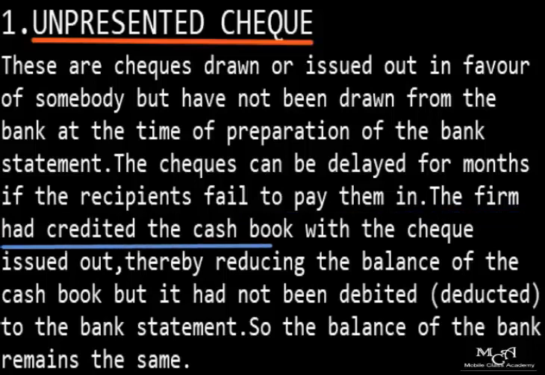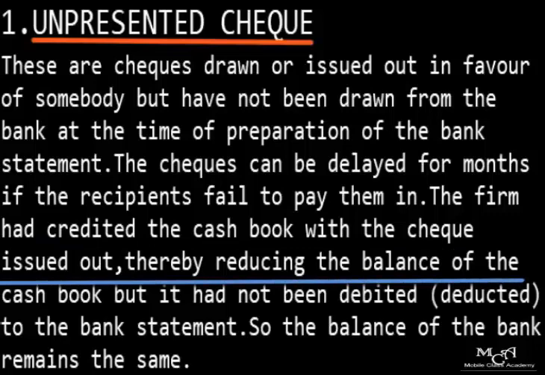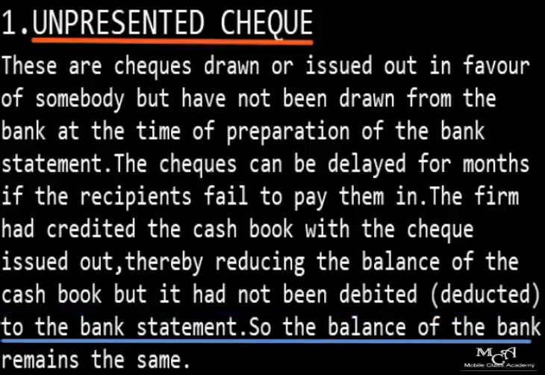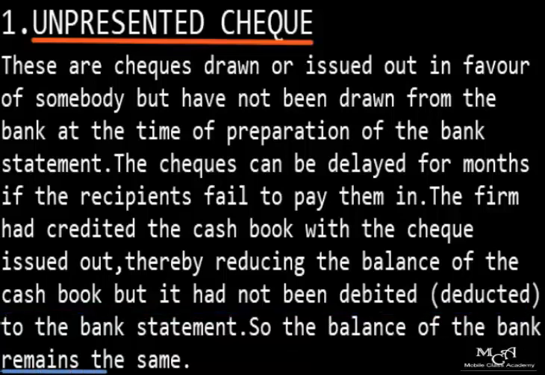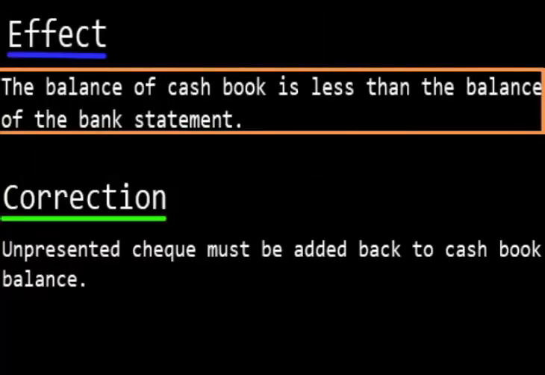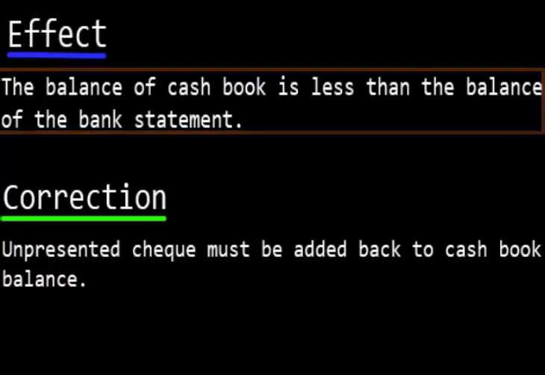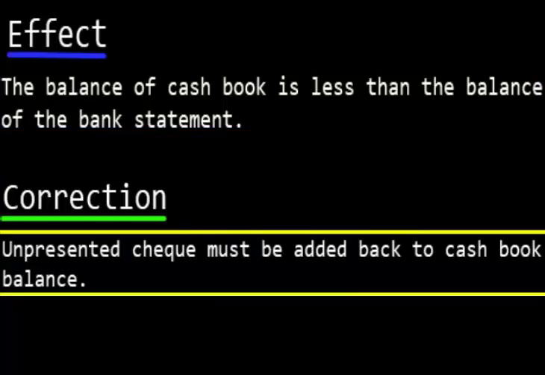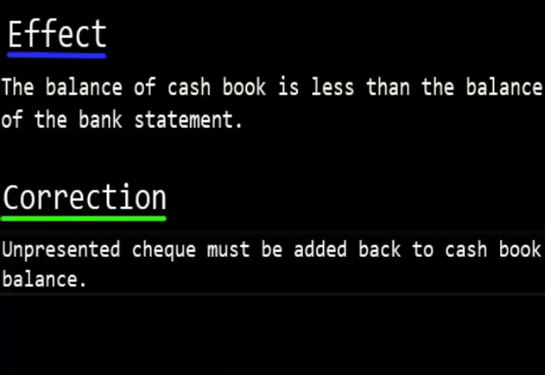The firm had credited the cash book with the check issued out, thereby reducing the balance of the cash book, but it had not been deducted in the bank statement, so the balance of the bank remains the same. The effect: the balance of the cash book is less than the balance of the bank statement. Correction: unpresented check must be added back to cash book balance.